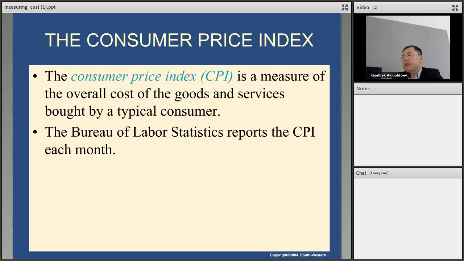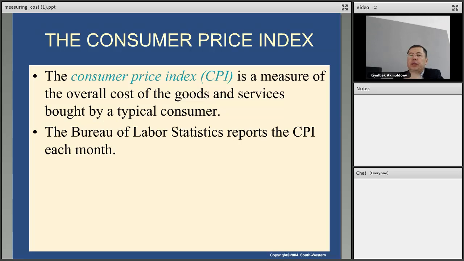Now, in the United States, the CPI is calculated by the Bureau of Labor Statistics. In our country, Kyrgyzstan, the Consumer Price Index is calculated by the National Statistical Committee, or NSC. Every month, they monitor the change in price of goods and services.